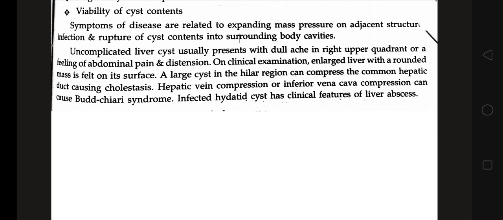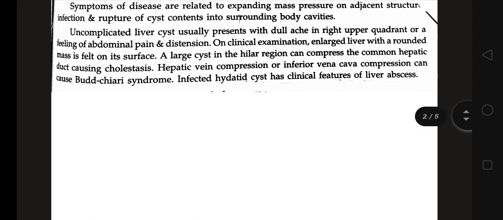An uncomplicated liver cyst usually presents with a dull ache in the right upper quadrant or a feeling of abdominal pain and distension. On clinical examination, an enlarged liver with a rounded mass is felt on its surface. When you palpate, you can feel it.